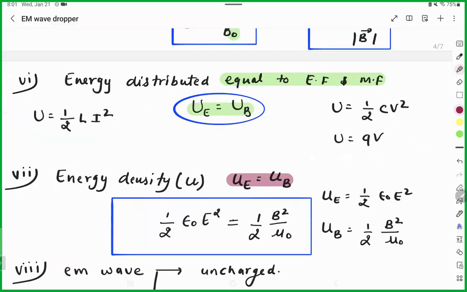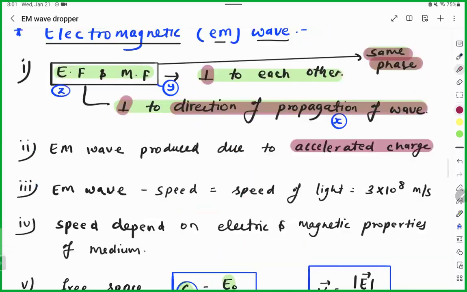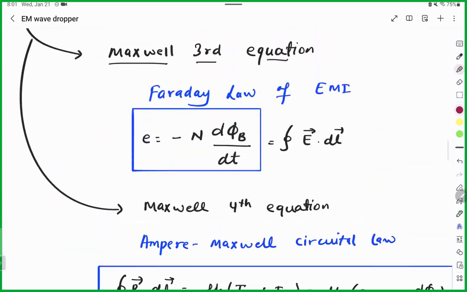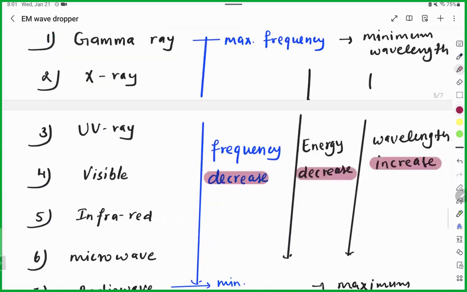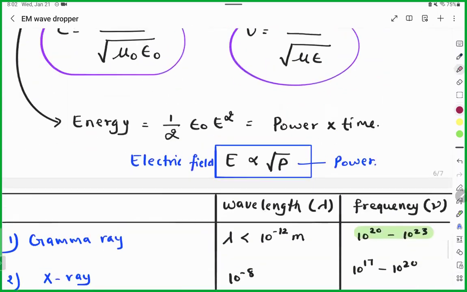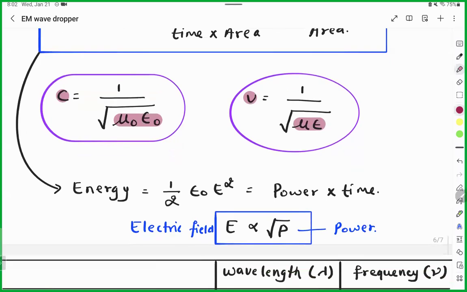Do we have it in our notes? I think I wrote it somewhere, but I'm not able to find this equation in the form of mu naught epsilon naught. See here, c is equal to 1 by root of mu naught epsilon naught, and v is equal to 1 by root of mu epsilon. That's why I was asking, thinking I wrote it somewhere.